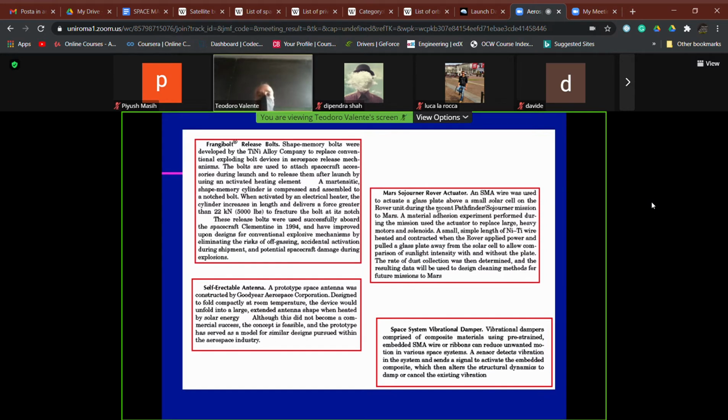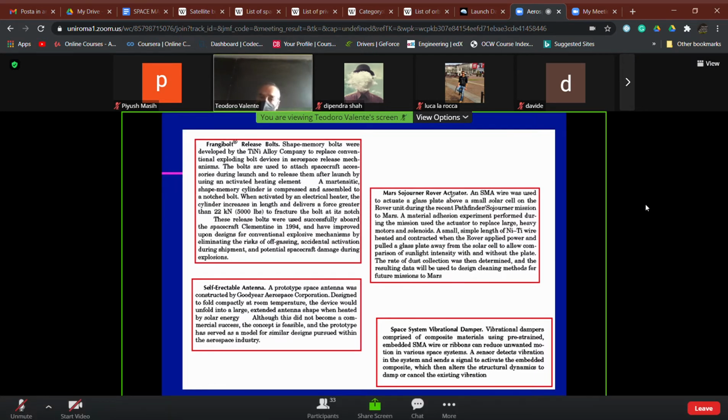And then we have the possibility to break the material and release the bolts. As I told you, there are also self-erectable antennas, space system vibrational dampers, and some applications in the Mars Sojourner rover actuator.